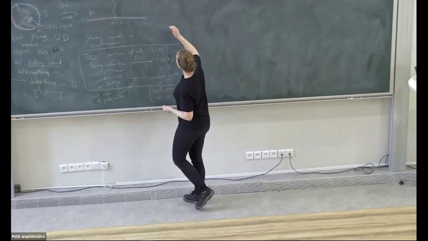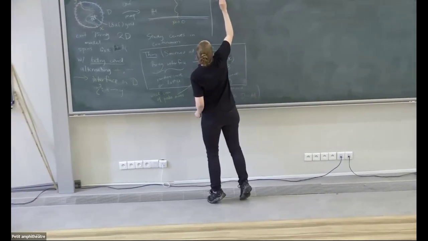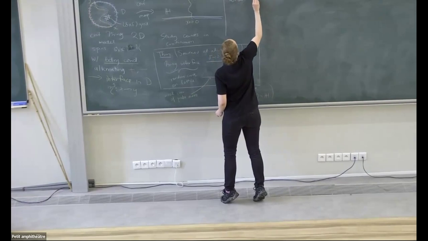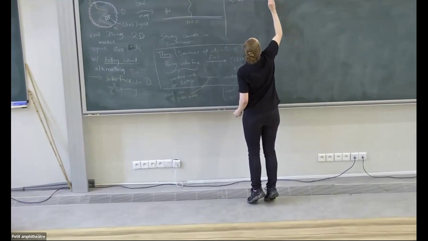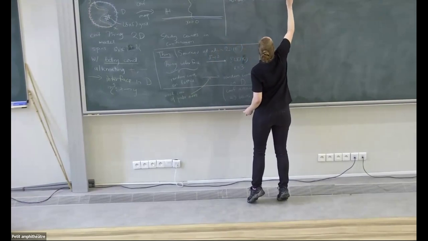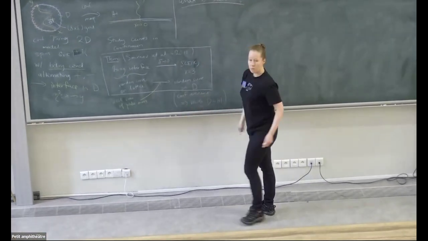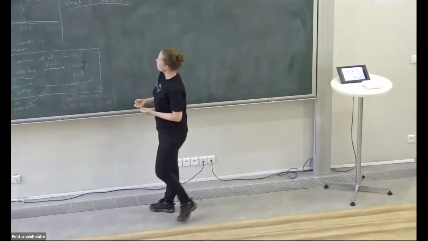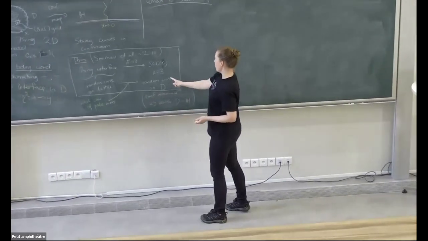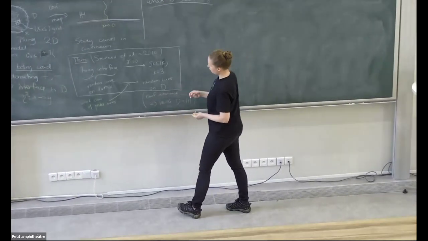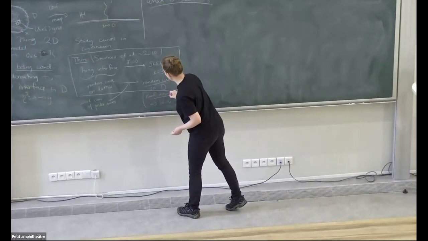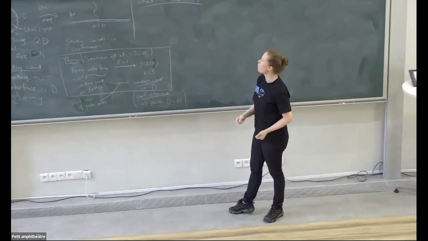So then what I need to do is to tell you what this is. I could say it's a conformally invariant random curve. But what does it mean concretely?